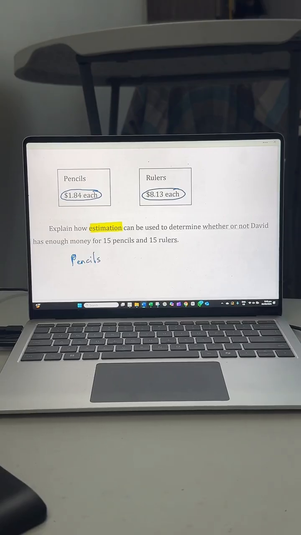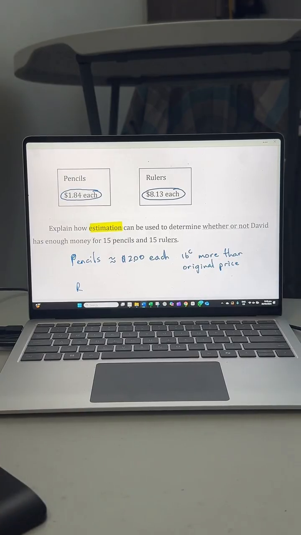Once I round up, pencils are approximately equal to $2 each, which is 16 cents more than the original price.